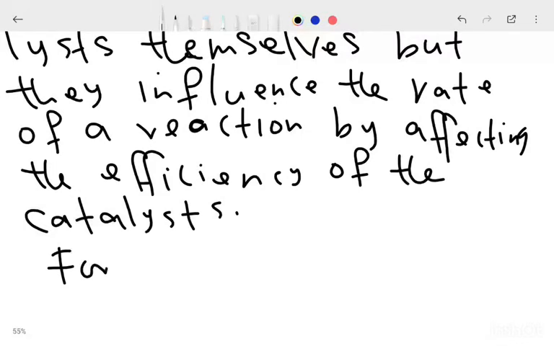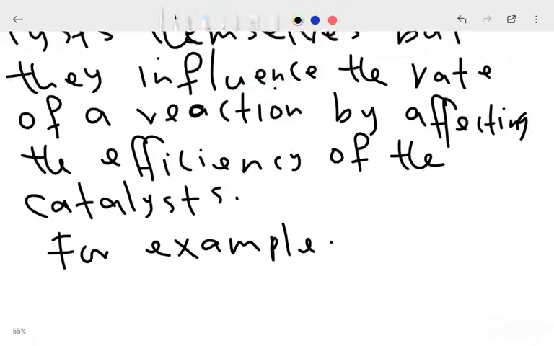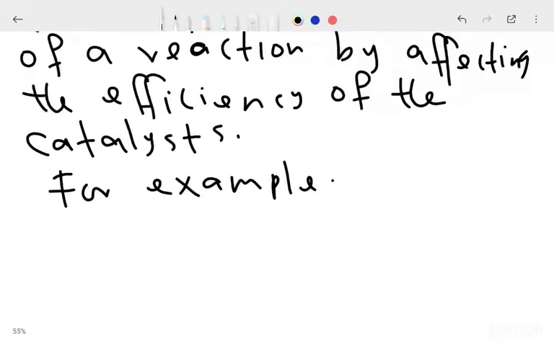For example, the iron catalyst, which is Fe as a symbol. You are a chemistry student, so you don't expect me to be spelling all these things. This is a symbol of iron, right? So let's continue.